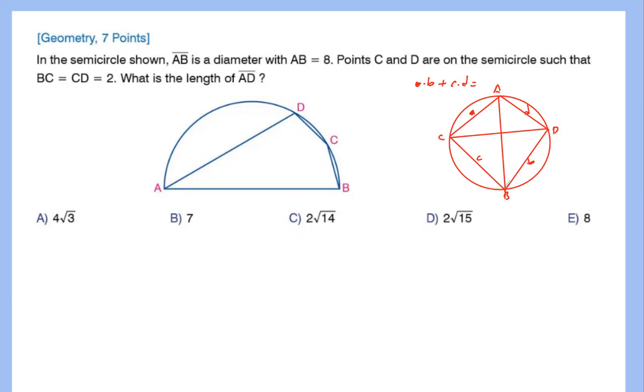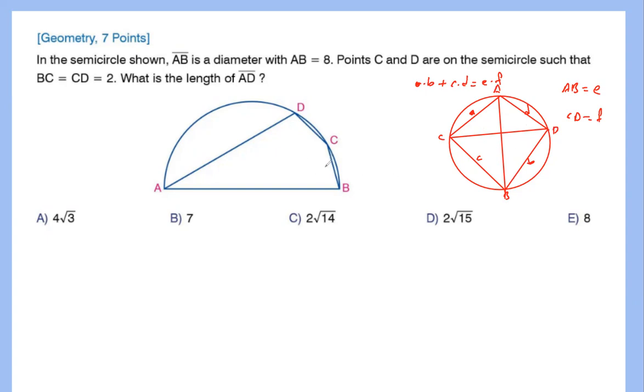So if I name this E and this F, that will be E times F basically. And this is just a reminder. So the product of the diagonals is equal to the sum of the products of the opposite chords in a cyclic quadrilateral.